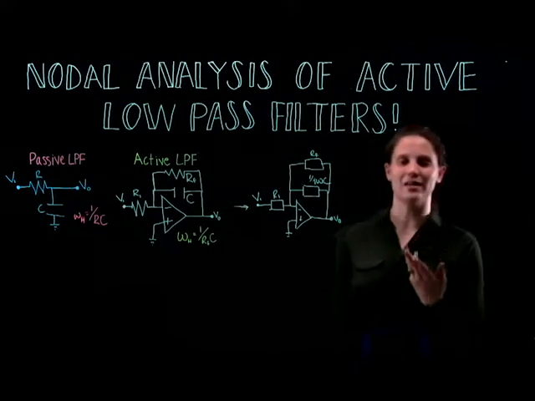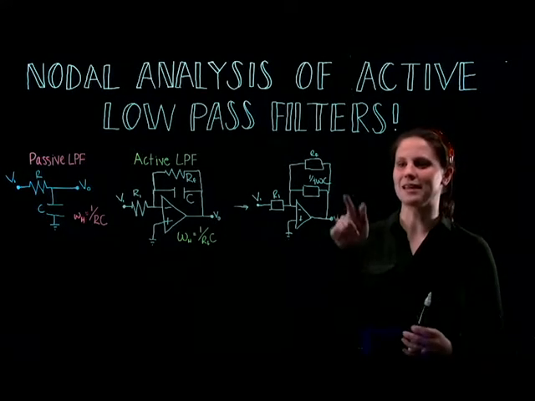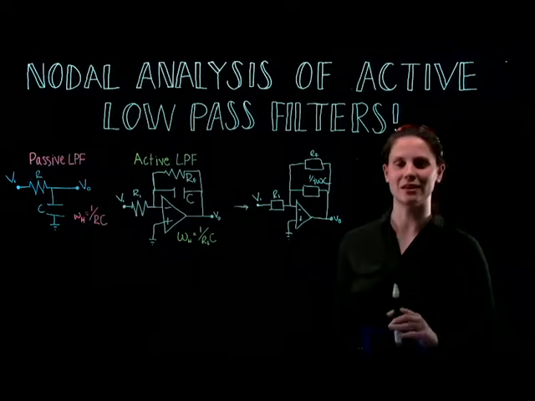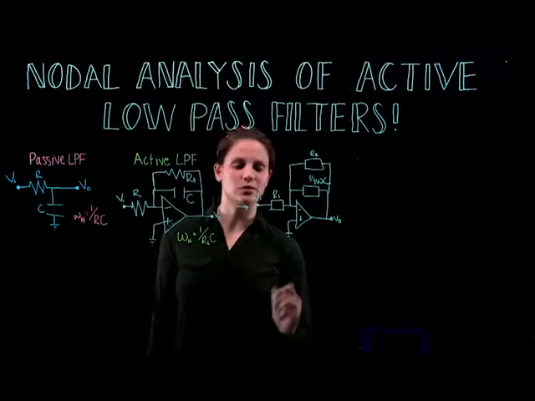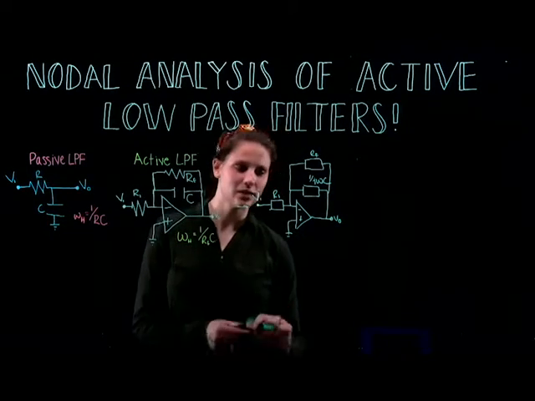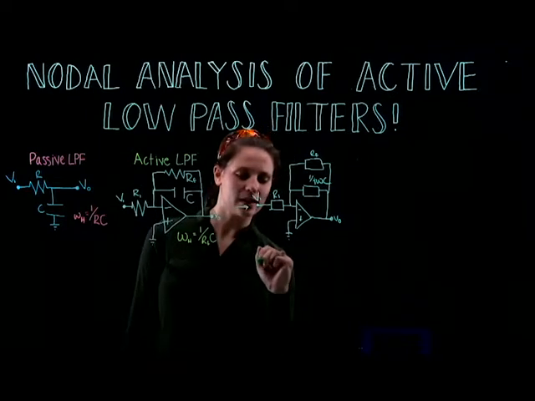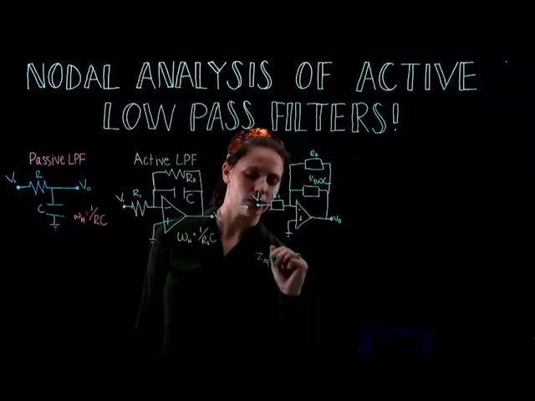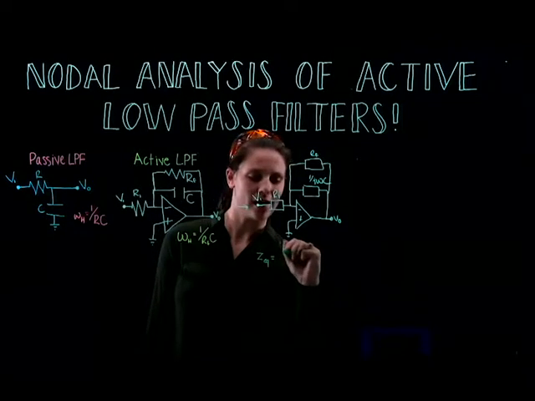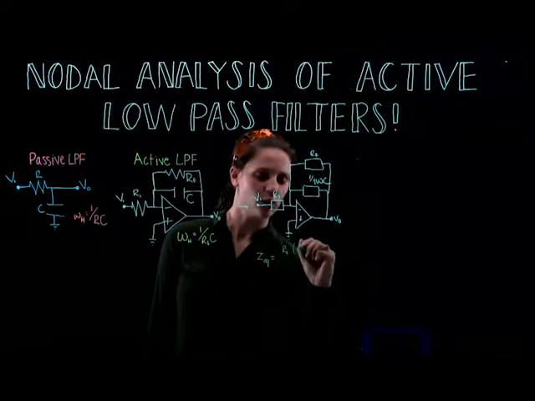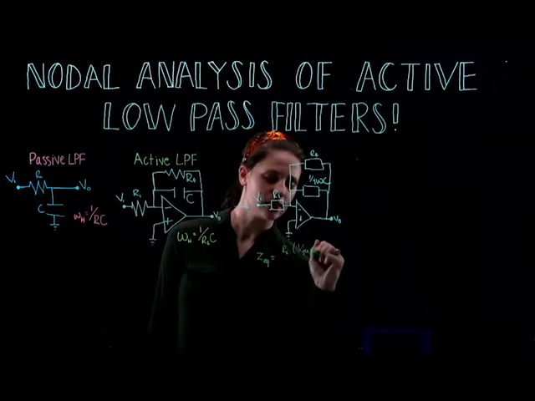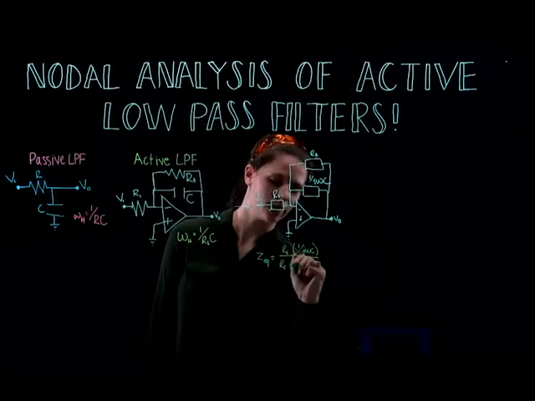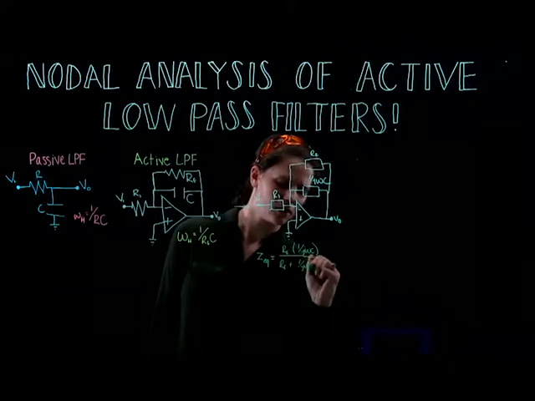Okay, now that we have this, something that we can do pretty easily is combine this impedance and this impedance. We're just going to use an equivalent impedance formula, so we'll do that right down here in green. Our ZEQ is going to be equal to RF times 1 over JωC divided by RF plus 1 over JωC.